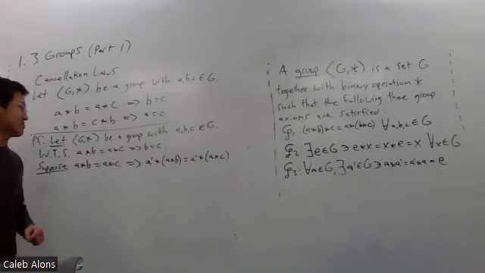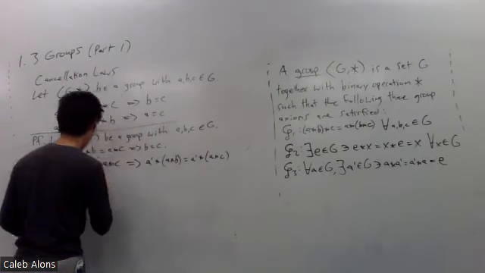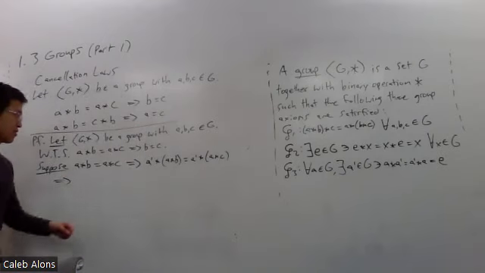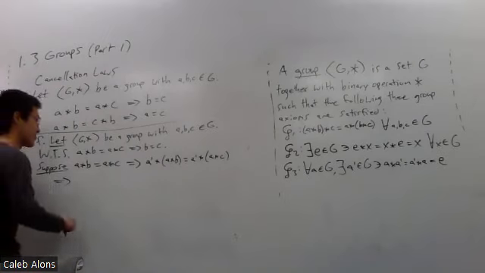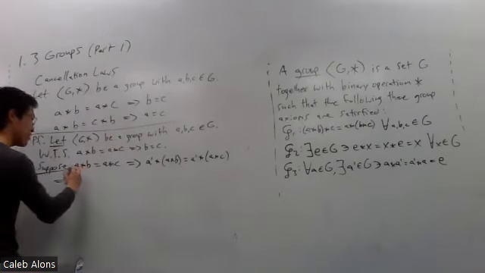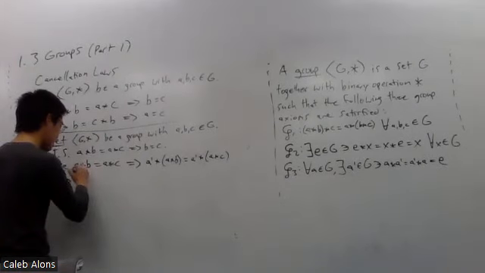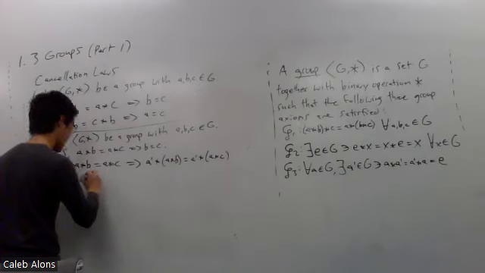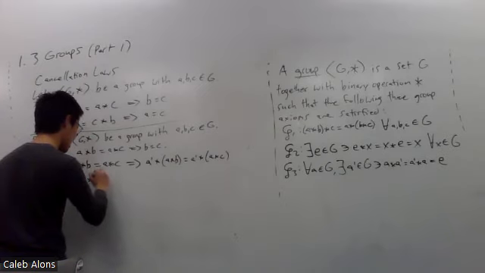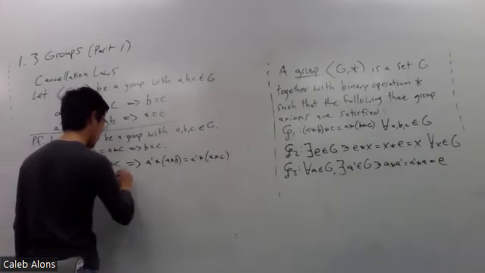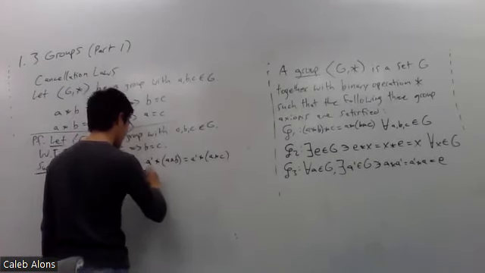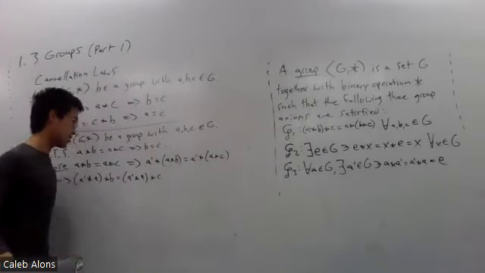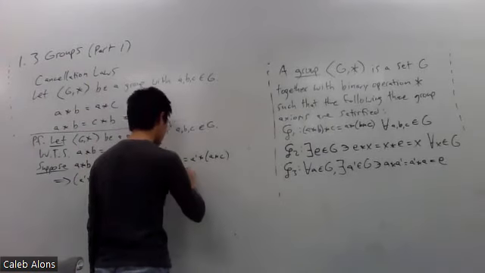Okay, now, what are we allowed to do now? It's associative. Because this is a group, it must satisfy the associative property. So I can have A inverse star A star B, and then A inverse star A star C. And the reason I can say that is because this is a group.